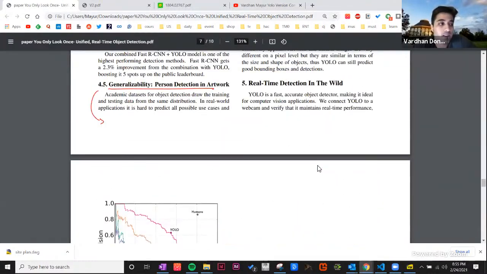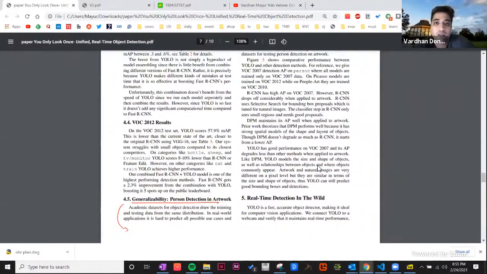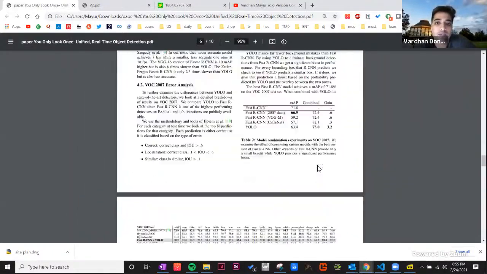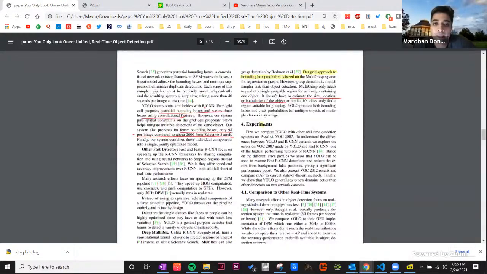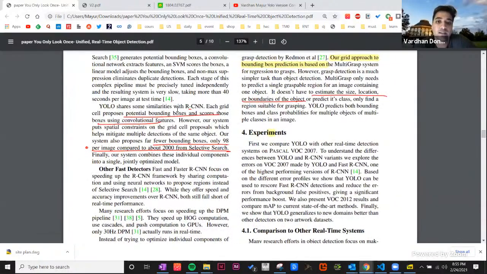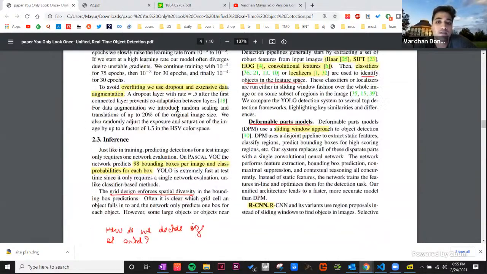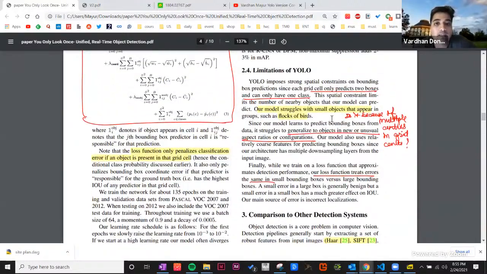By that you mean each grid cell is supposed to have only one object, but when there are multiple objects in a grid cell, the algorithm is not able to identify more than one object. I think it's in section 2.4, so you can scroll to there. Got it, this is it.